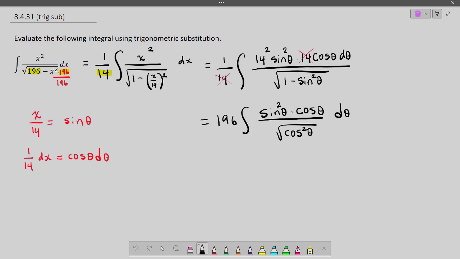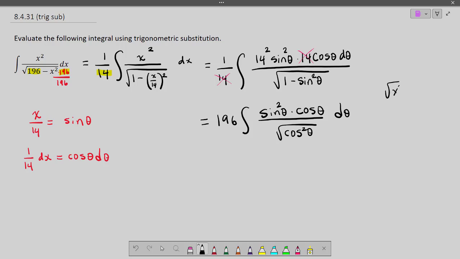So we will have 98 times theta. Theta we can get from the original substitution up here. That's going to be the inverse sine of x over 14. Minus, I'm going to distribute this 98 here.